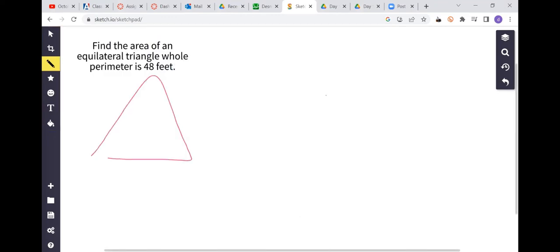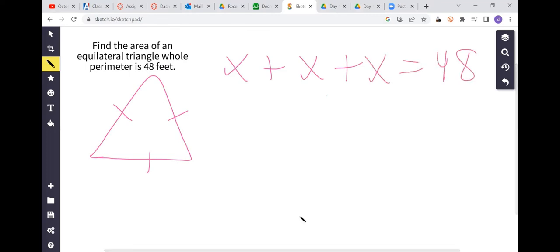Model the situation. This is an equilateral triangle, and you know that all three sides are the same. When it says perimeter, that means all three sides added together. So it's going to be a number plus the same number plus the same number, and that's 48.